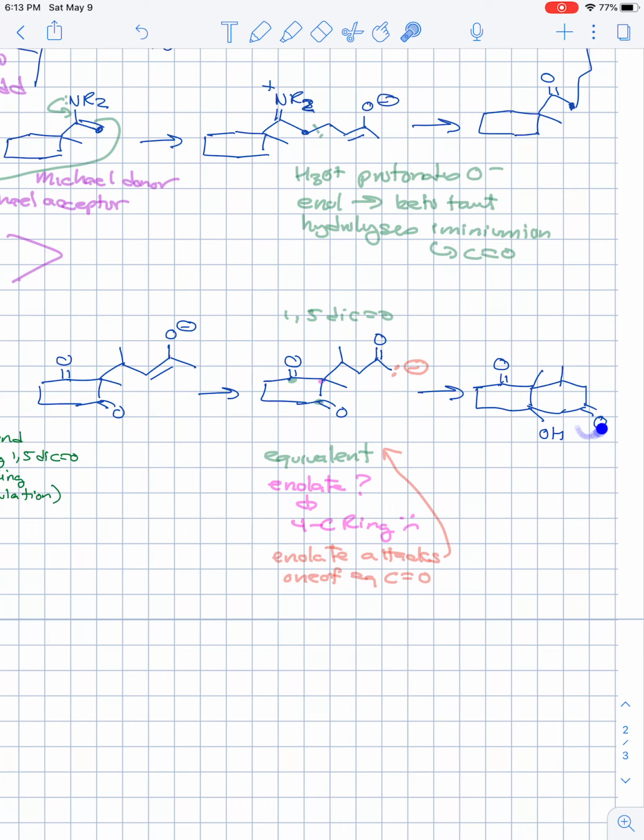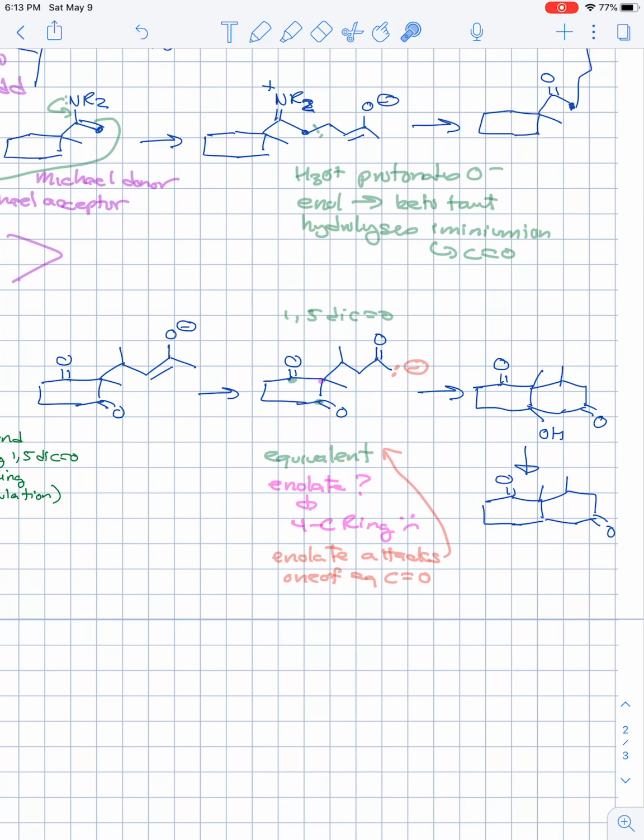So again, from our aldol, we've made this beta hydroxy ketone. And when this is heated, it will do the full aldol condensation and dehydrate. And that will give us as a final product.